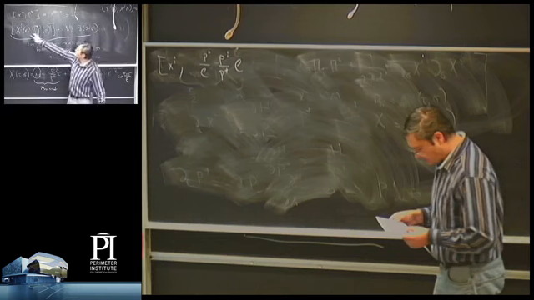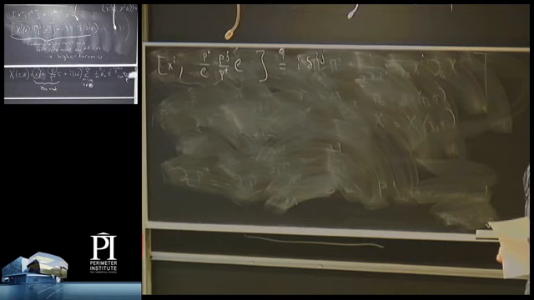So let's look at this one, and out of this bracket, let's pull the zero Fourier mode. So x sub I as a function of sigma.